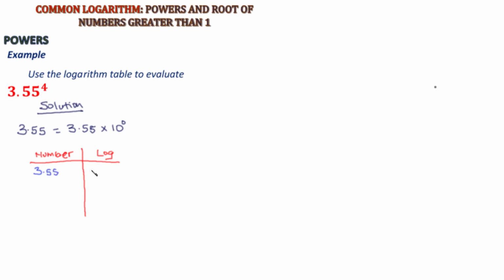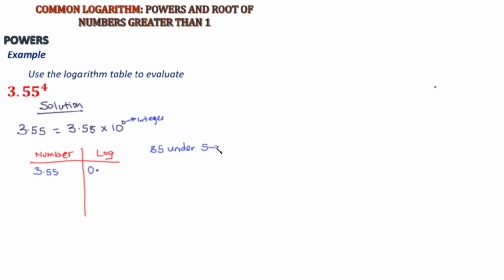Now the first integer before the point, you pick the integer of the standard form. This is the integer, and that will be 0 point. Then let's go to our logarithm table to check for the log of 35 under 5.